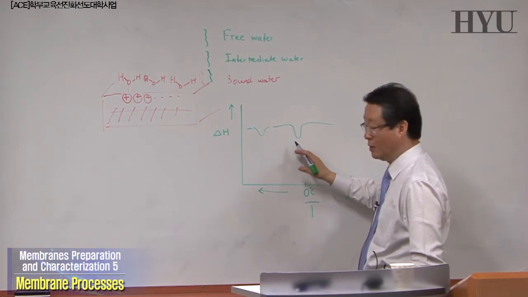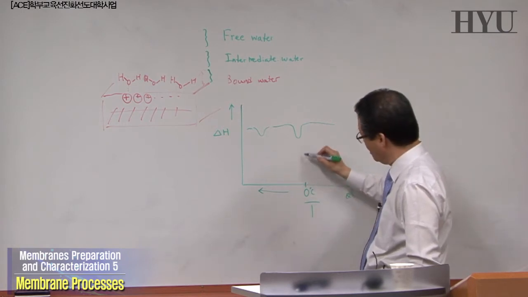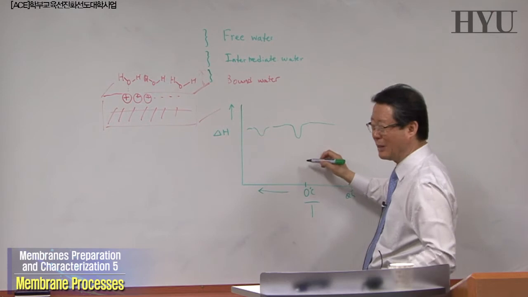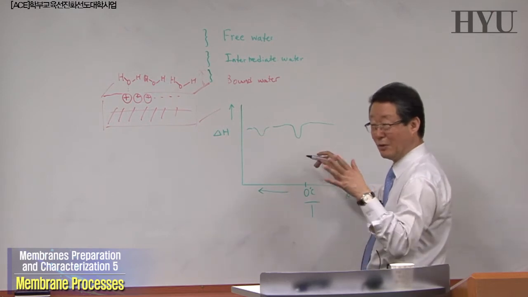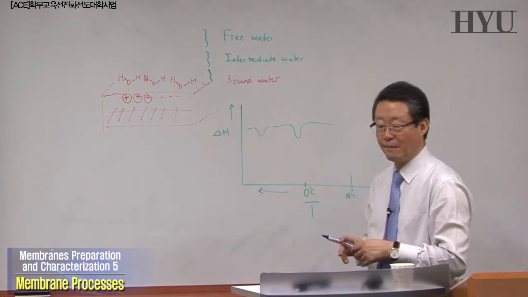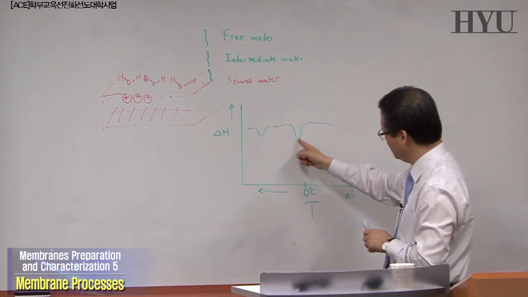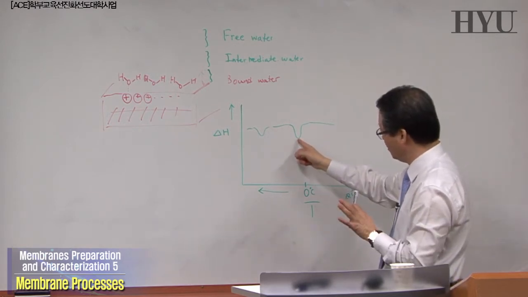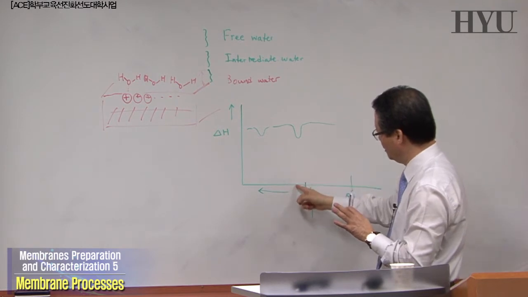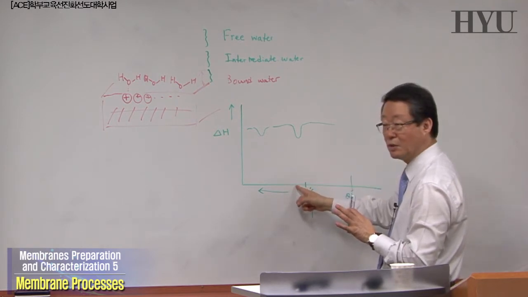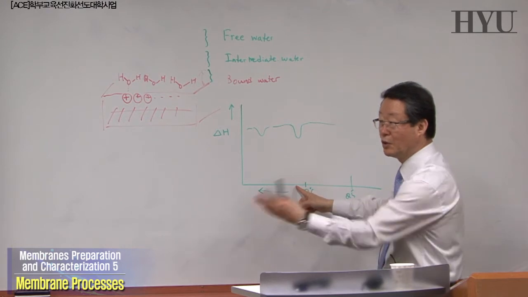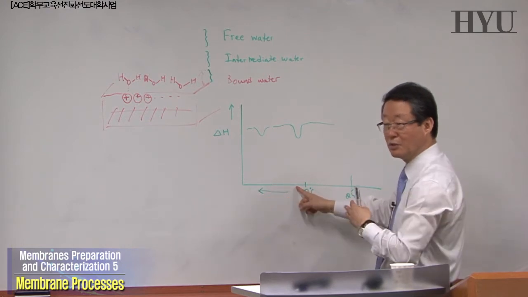Particularly when you observe around 0 degrees, it's not exactly 0, but around 0, because the maximum or minimum peak temperature is not correlated with 0 degrees C because of the cooling rate or heating rate.